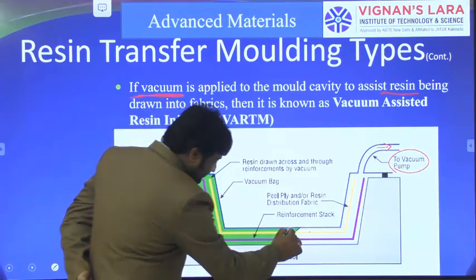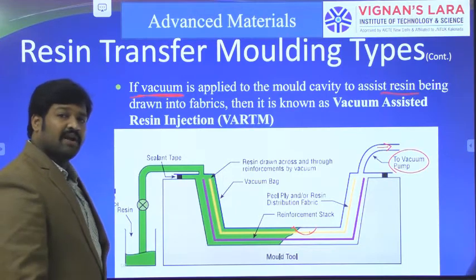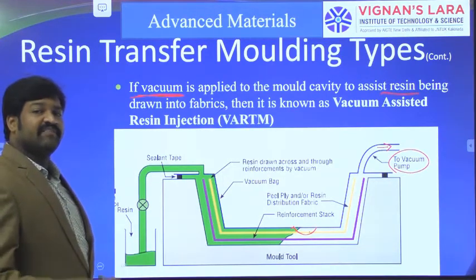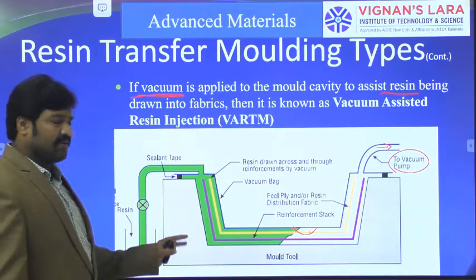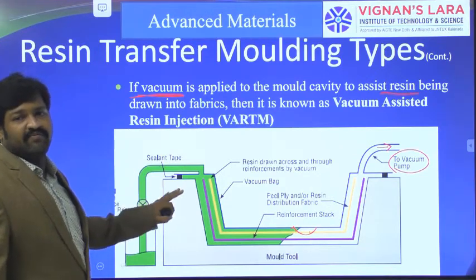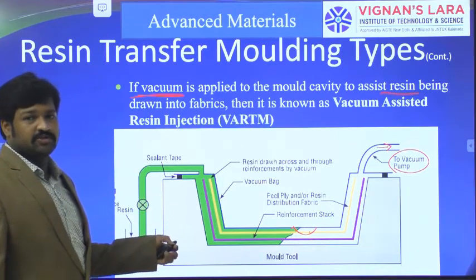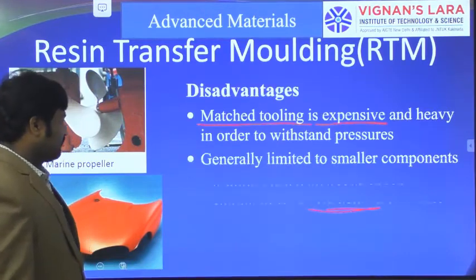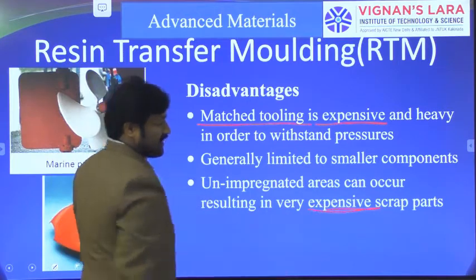If some amount of this section is not filled, after ejection we can identify the component is unfilled. If we identify at this stage, the cost of our fabrication is very high, because we have spent much time as well as money for producing the component. At the final stage, we are obtaining a wrong product. So due to that, we are getting an expensive scrap, resulting in very expensive scrap parts.